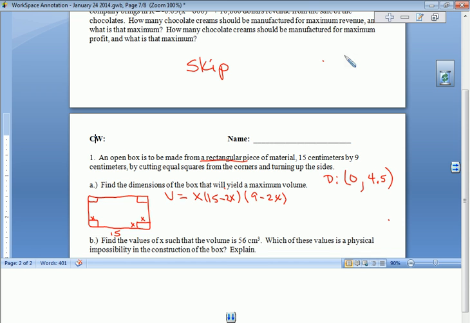It will have one intercept at 0. We know where the intercepts are. They're at 0, 4.5 and 7.5. We know that's true. All right, grab your graphing calculator. Please find the maximum that occurs over our reasonable domain.